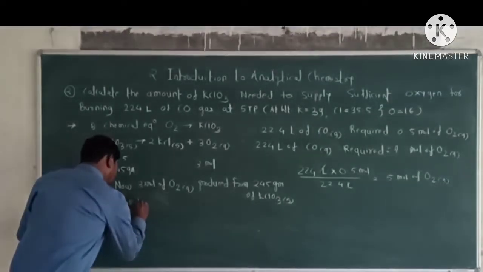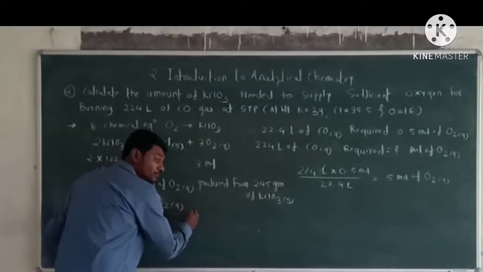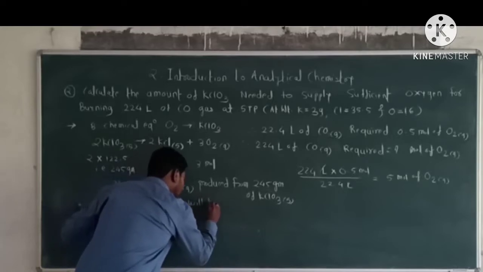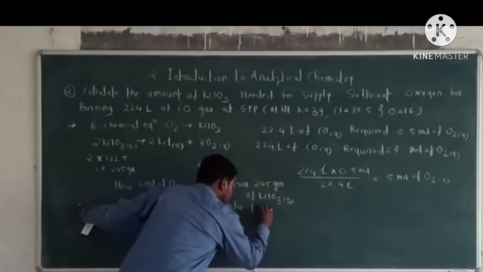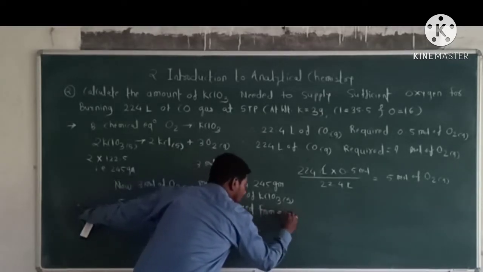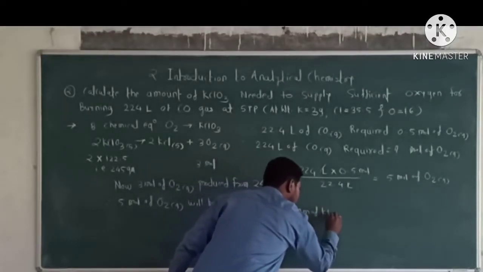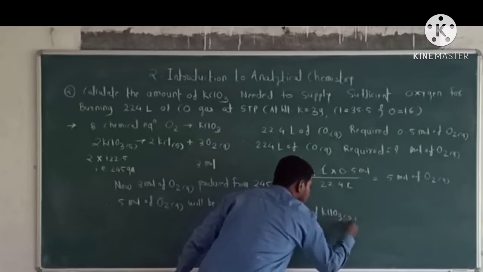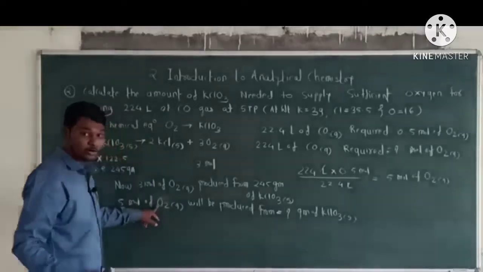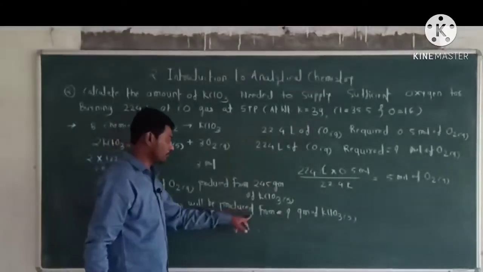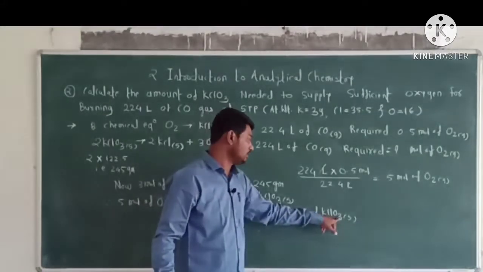Okay, now therefore 5 moles of gaseous oxygen will be produced from how many grams of KClO3 solid?